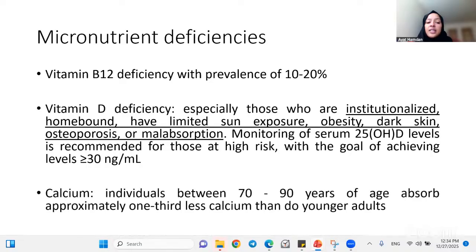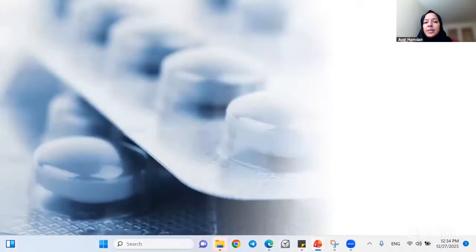The last one is calcium. Individuals between 70 to 90 years of age actually absorb 1/3 less calcium than younger adults. So you need to keep those 3 micronutrients in mind mainly for older adults. So what about multivitamin supplementations? We all love to prescribe some multivitamins. My dad is taking a lot of multivitamins and my mom as well.